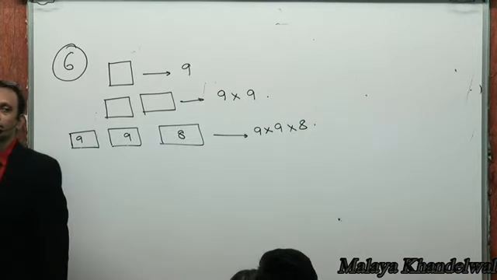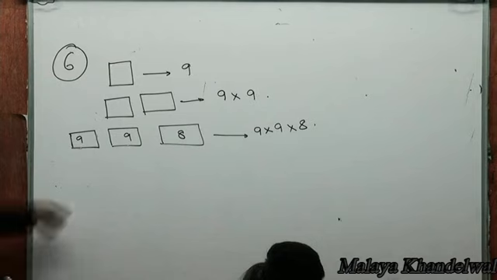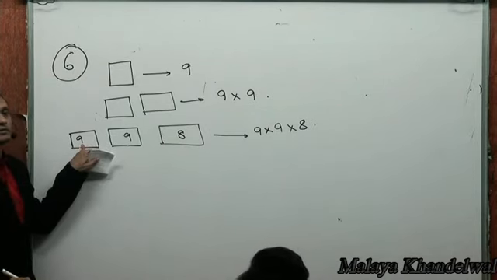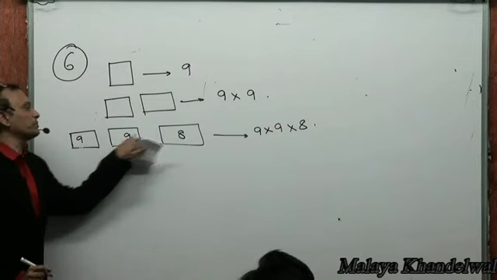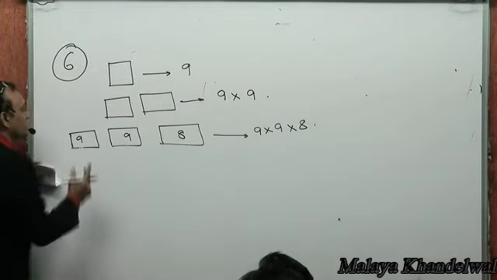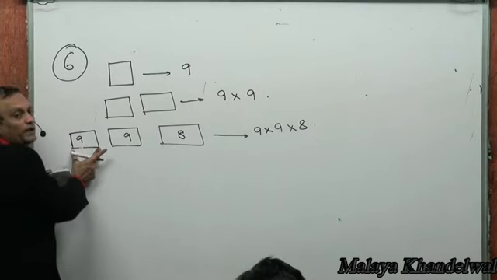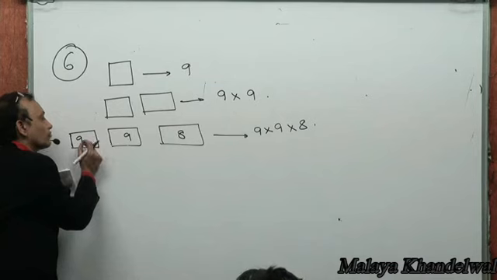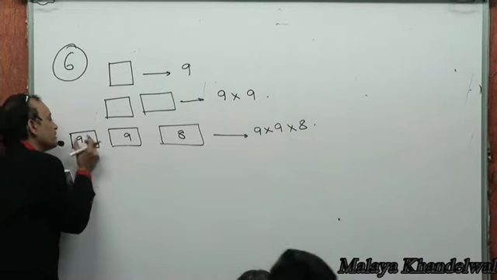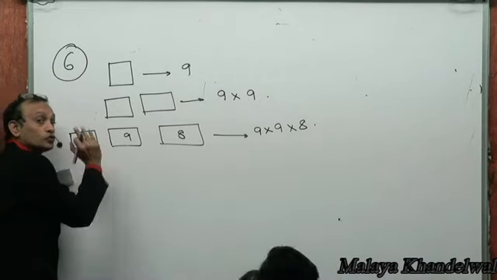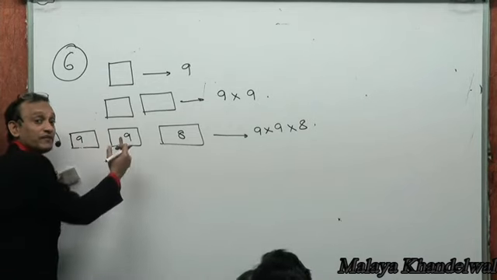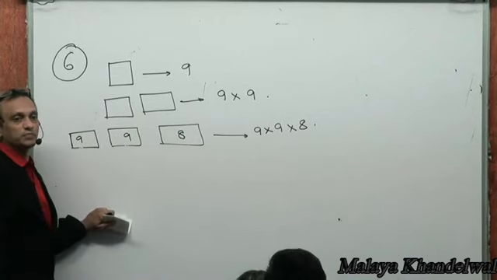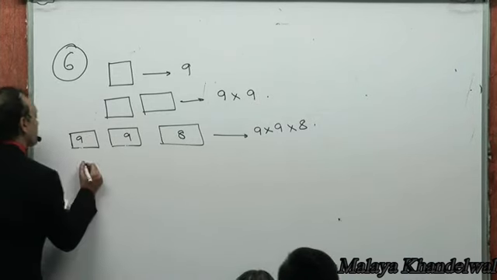We have taken 0 into consideration, but in a 3-digit number, 0 will not appear here. But 0 could appear in these 2 places. This place can be filled up from 1 to 9 only if it's a 3-digit number. So there are 9 ways of filling up this. Now, from 0 to 9, exclude the number that you have registered here. So then there are 9 digits left. And then there are 8 digits left for the third place. So 9 into 9 into 8.